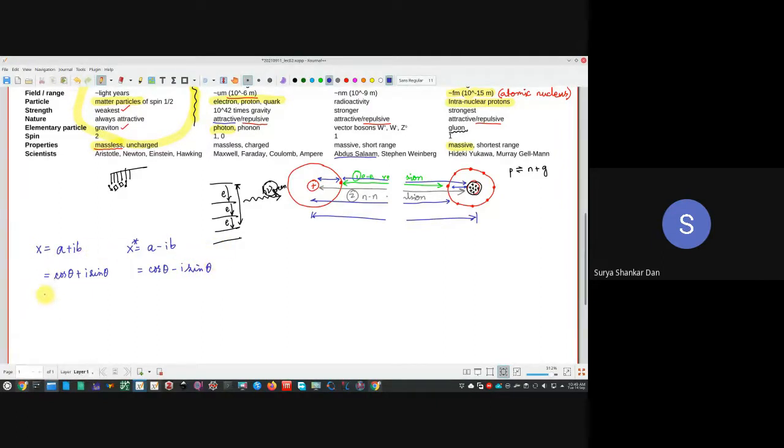Now this is nothing but e to the power of i theta, and this is equal to e to the power of minus i theta. Similarly, if we have psi equal to A e to the power of i theta, then psi star will be A e to the power of minus i theta. It's just pure complex algebra, nothing else.